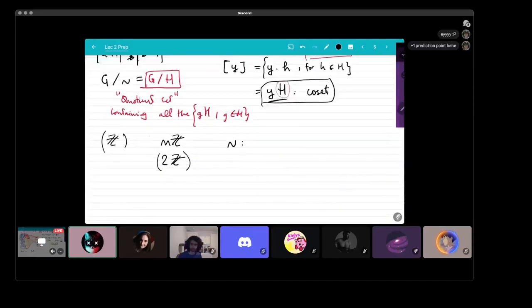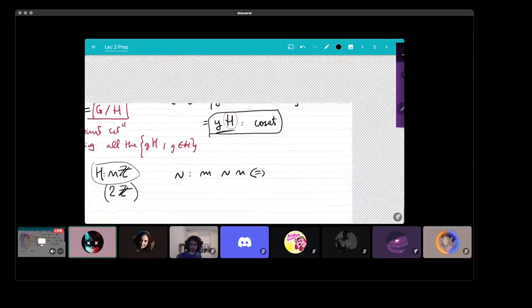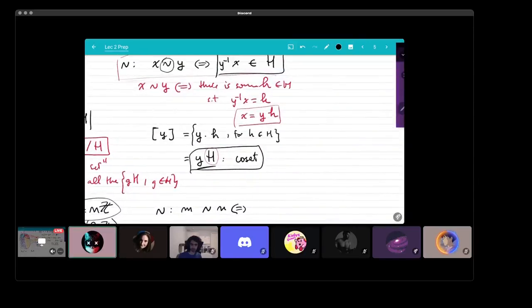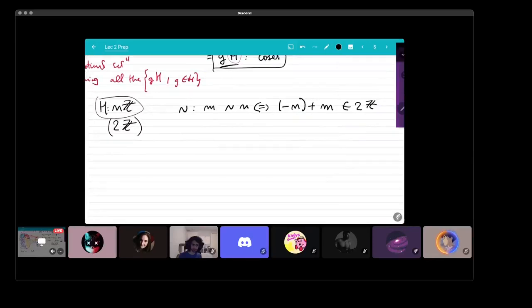So now this is our H and this is our G. m equivalent to n if and only if, originally it was the inverse of n, so here it's minus n plus m, is in 2Z. This can be written as m equals n plus 2Z.